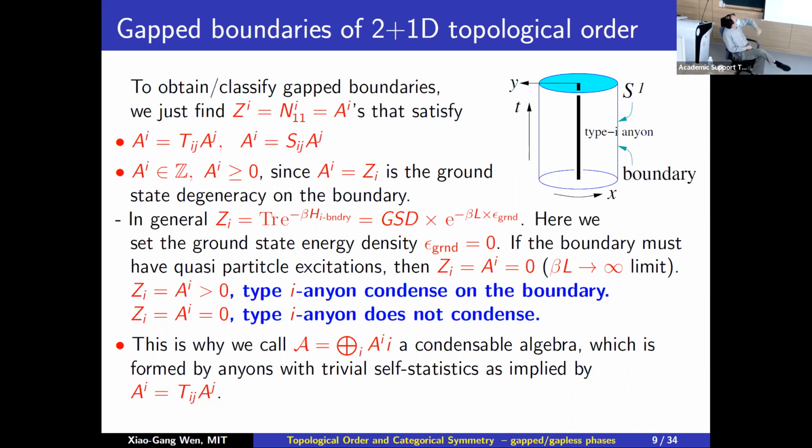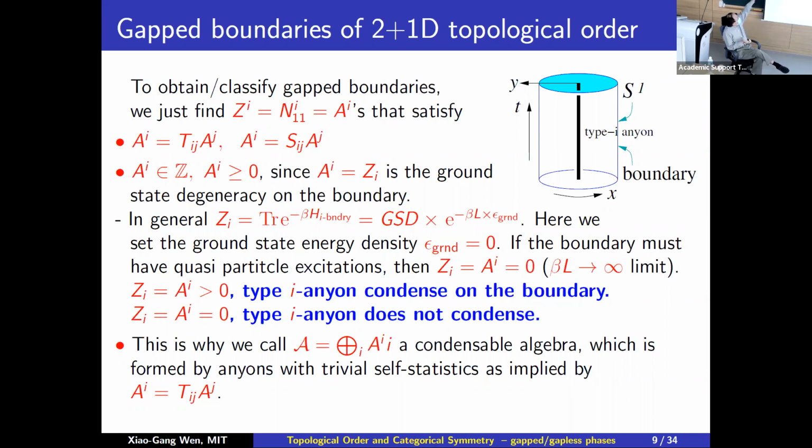Originally, we have nothing here, we have a partition function. Then we insert a pair of anyon and anti-anyon, i and i bar, in the middle. Then we move i bar to the boundary. If i bar can be absorbed by the boundary, then we have the situation that i bar condenses. And that means a_i is non-zero.